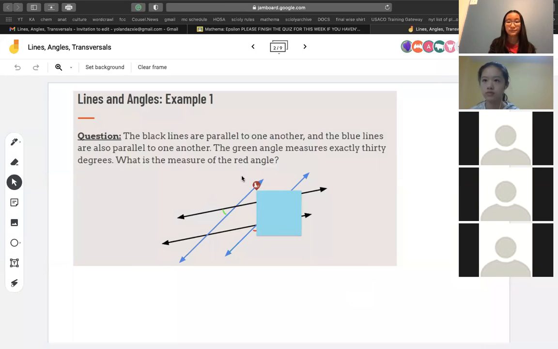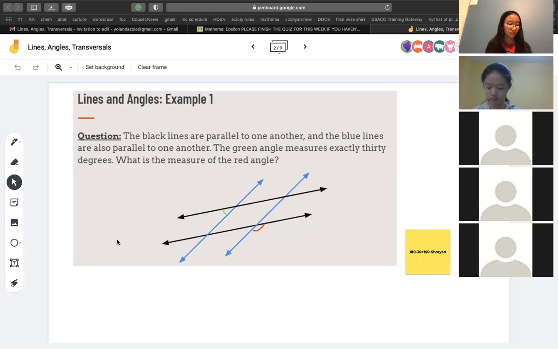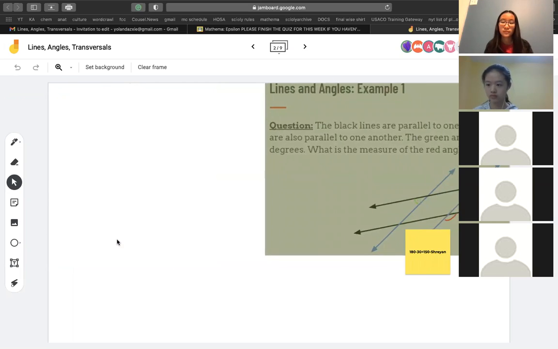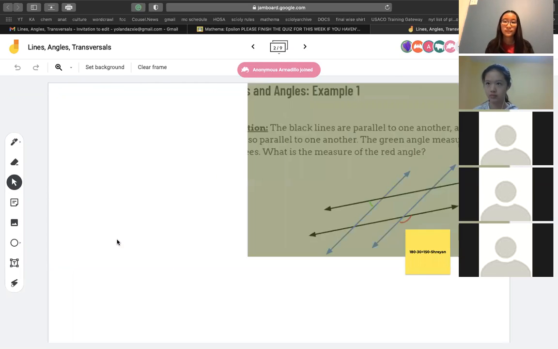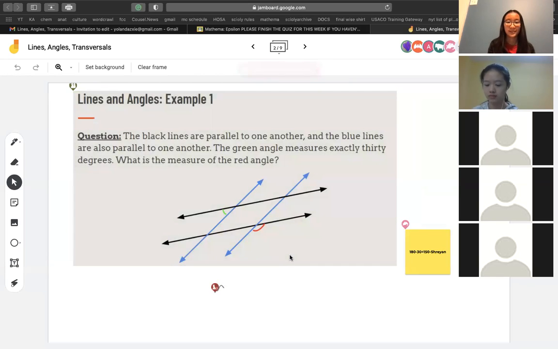And then just type your answer. And please don't move the question around.